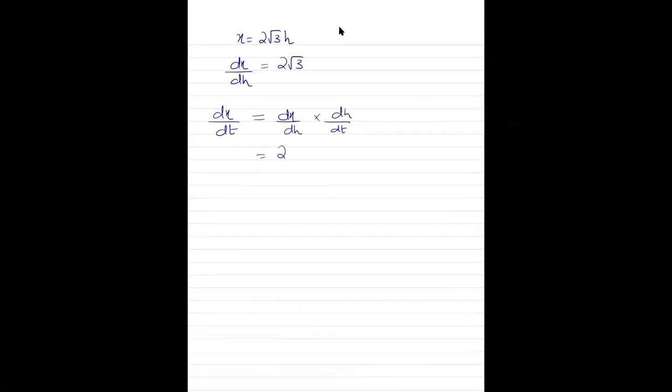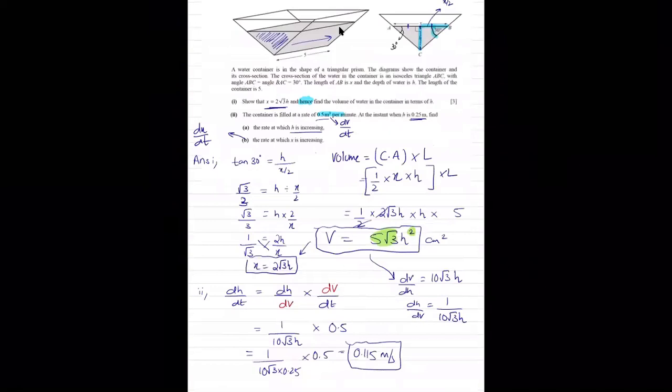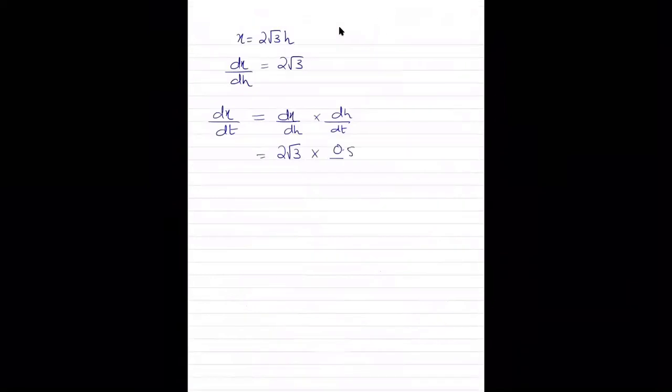dx over dh comes out to be 2 root 3, and the expression for dh over dt was 0.5 upon 10 root 3h. Now this value is dependent on h, but we know that h is 0.25. So we are going to find the rate of change of x at h 0.25.